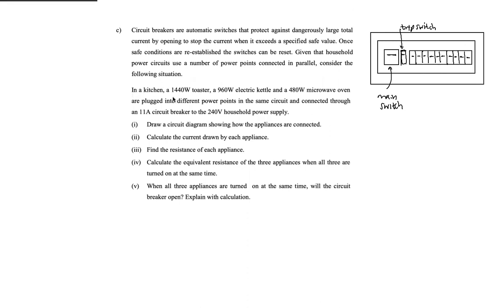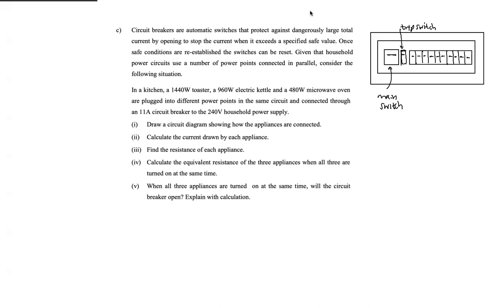In a kitchen, a 1440 watt toaster, a 960 watt electric kettle and a 480 watt microwave oven are plugged into different power points in the same circuit and connected through an 11 ampere circuit breaker to the 200 volt household power supply.